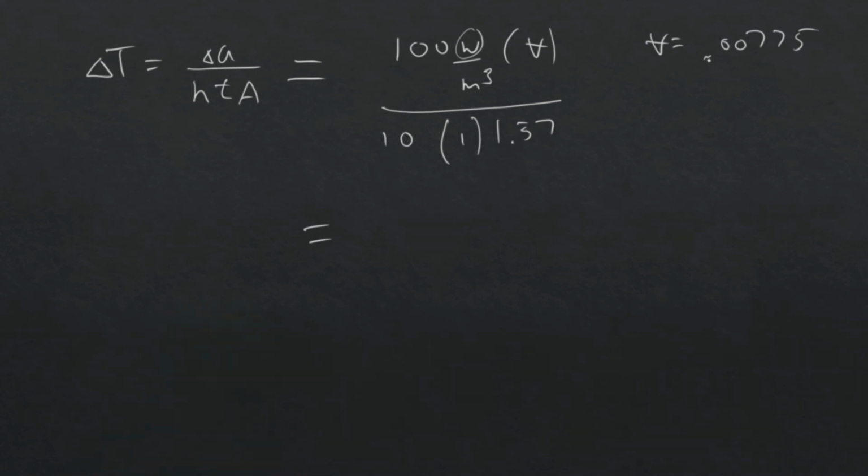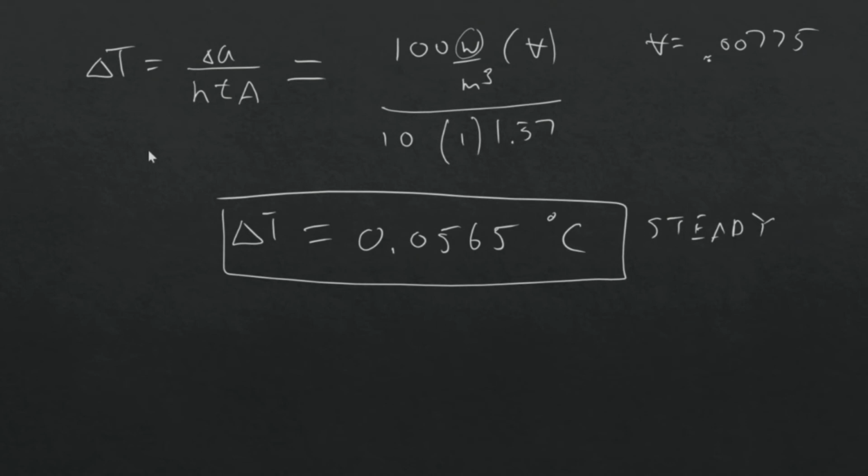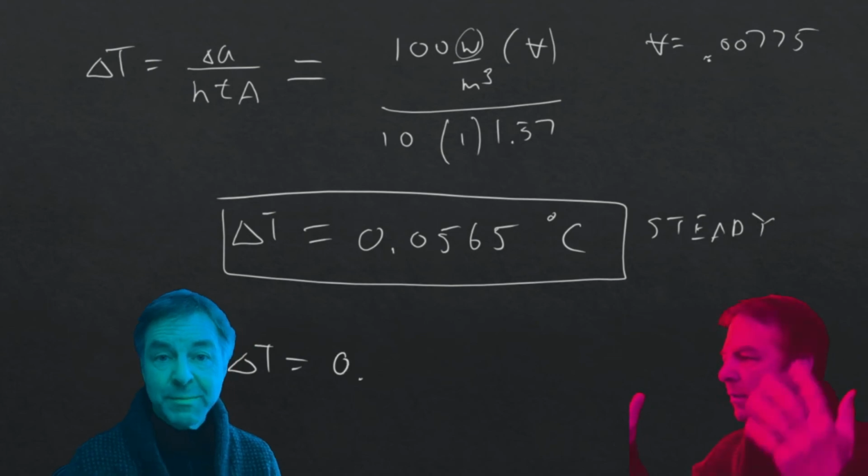So that means our change in temperature, our steady state temperature, just looking at the heat loss, is 0.05. Looking at the energy input, oh, that's really great. It's so nice to be able to make some sense of it.